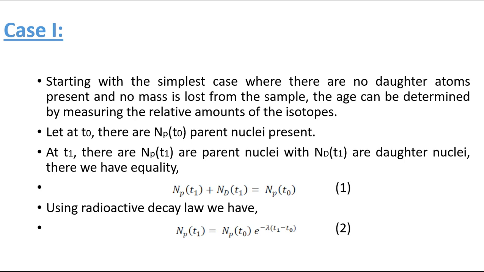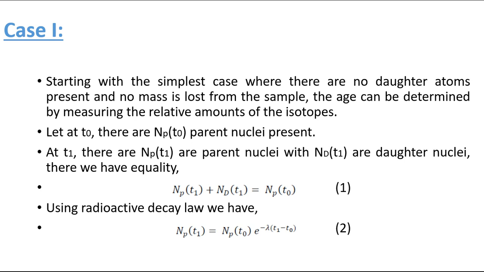At time t1, we have Np(t1) parent nuclei with additionally Nd(t1) daughter nuclei, which are decayed nuclei. From equation 1, we can understand that on the right hand side we have the total number of parent nuclei at time t0, and no daughter nuclei at time t0.